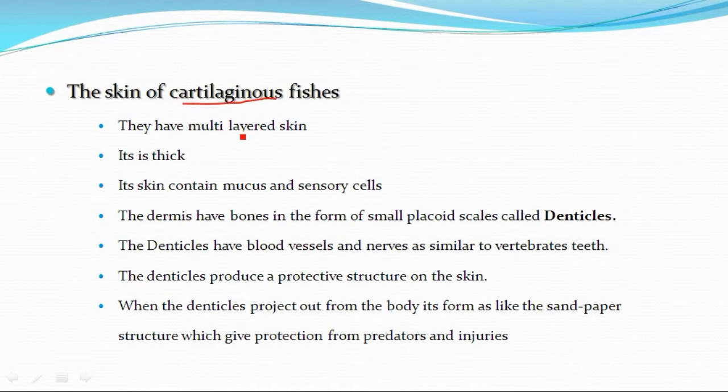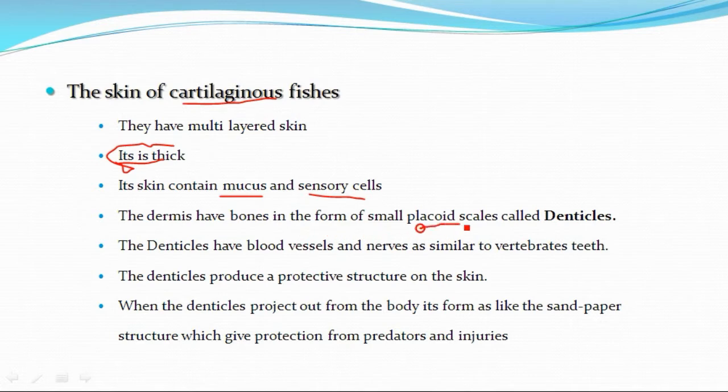They have a multi-layered skin, not just one or two layers, and it is thick and contains mucus and sensory cells. As in bony jawed species, they have mucus in their skin, and they can sense things through the skin. And the dermis has bone in the form of small placoid scales.